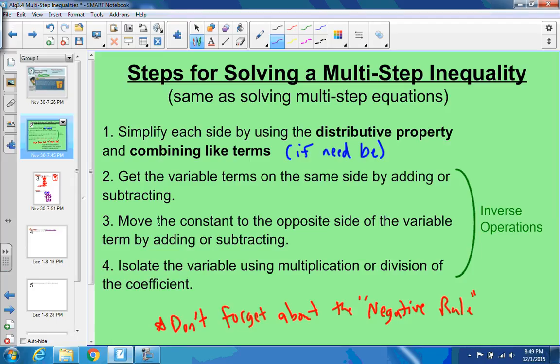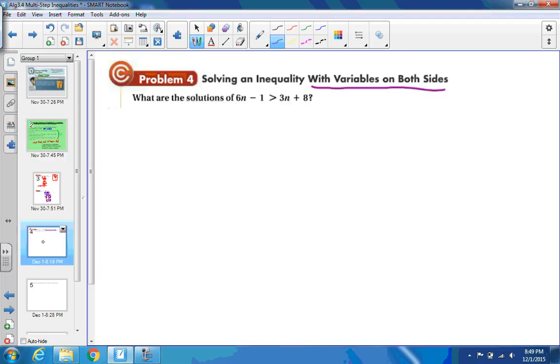Go to number 2, get the variable terms on the same side by adding or subtracting. So if you remember from when we solved it like an equation, we can still make our line here. We want to get the variable term, we're going to subtract, so we have two positive variable terms. We're going to subtract the one that's smaller. So we'll subtract the 3n from both sides.